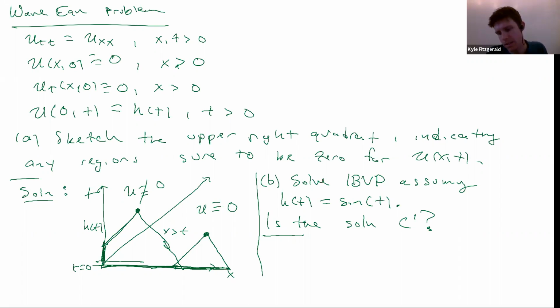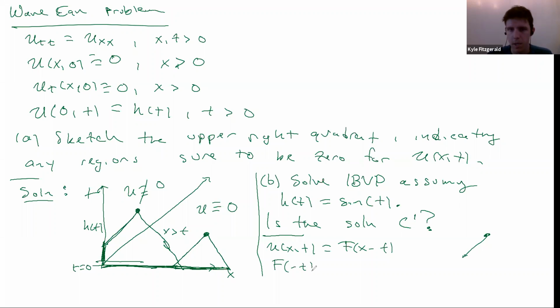Yeah, so I said that let u of x,t be capital F of x minus ct only, because you know that those are the only characteristics that contribute. Leftward going characteristics don't. That's a good point. So using the boundary condition, you get f of negative t equals sine t.